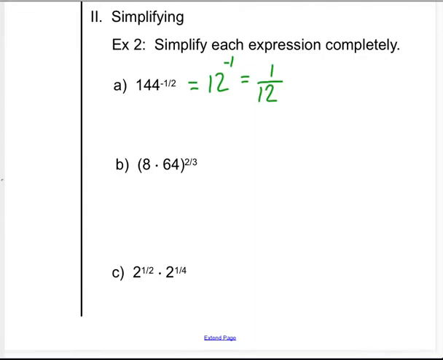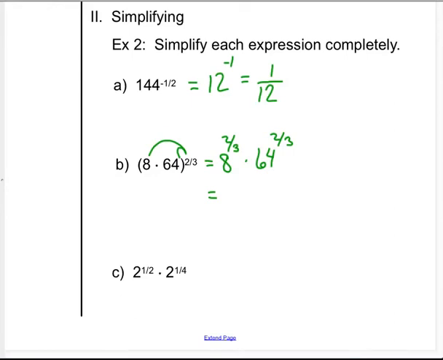For part B, again, I can do this in either order because it's multiplication inside the parentheses. I can distribute this 2/3 power to each of my terms inside. I don't want to multiply 8 times 64 and then raise it to the 2/3 power because I would need to pull up my calculator. However, I can do 8 to the 2/3 power, and I can do 64 to the 2/3 power without a calculator.